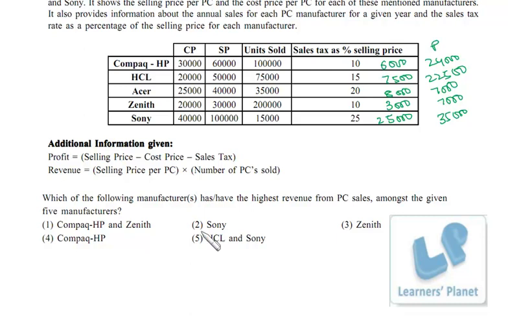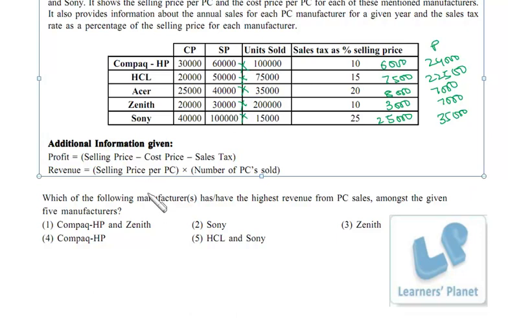Which of the following manufacturers have the highest revenue from PC sales amongst the given 5 manufacturers? Okay, we can eliminate the options. See here the number of units, Compaq is 1 lakh, and revenue will be selling price into units sold, right? So just observe which will produce the highest calculation.